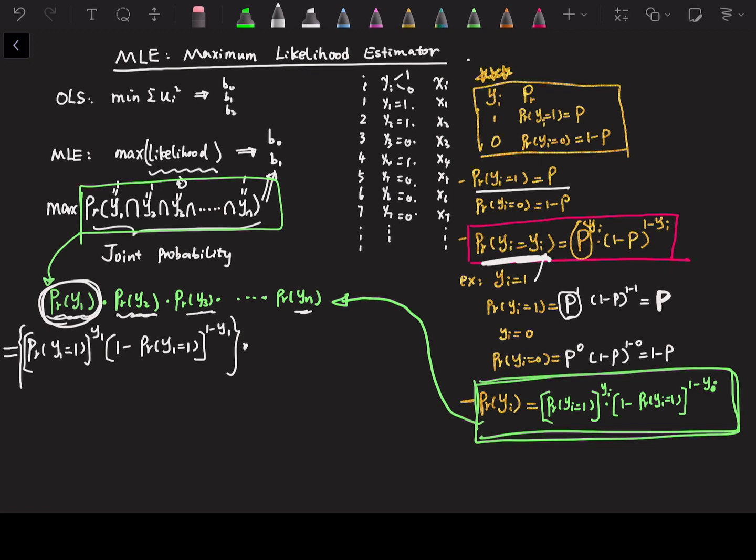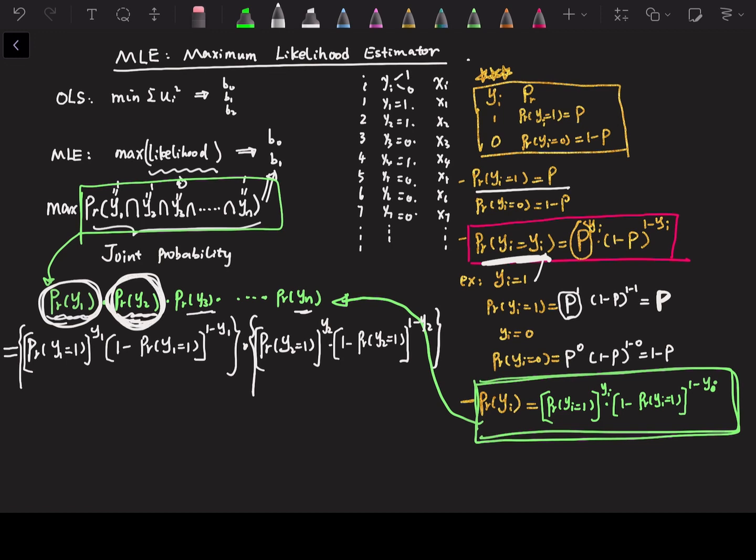And then times the probability y equals y2, which is the probability y2 equals 1 to the power of y2 times 1 minus the probability y2 equals 1 to the power of 1 minus y2. That's the probability you observe y2 equals a value, which could be either 1 or 0.